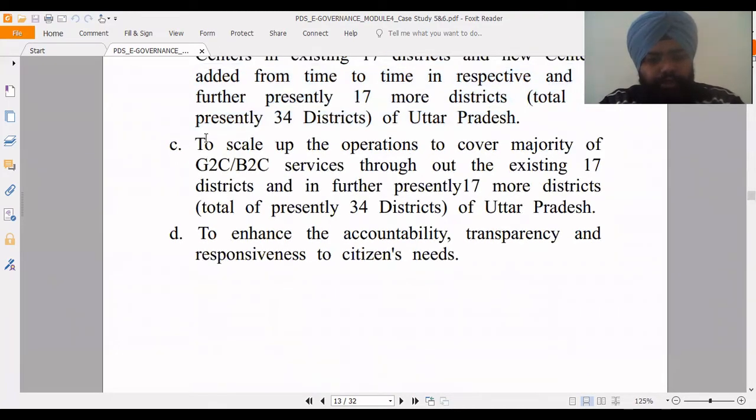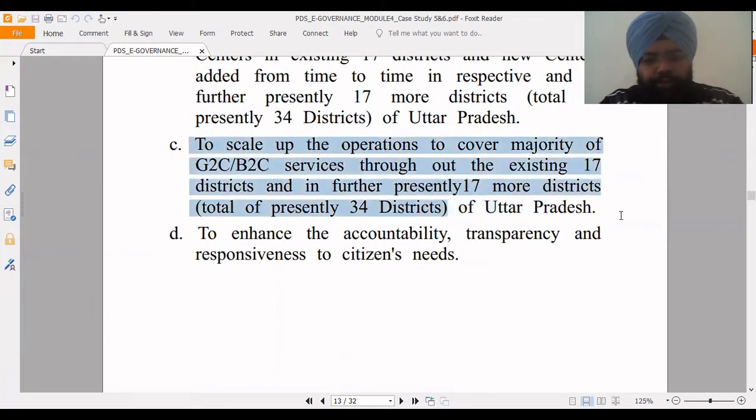Next objective is to scale up the operations to cover the majority of G2C, B2C services throughout the existing 17 districts and further presently 17 more districts, a total of presently 34 districts of Uttar Pradesh.